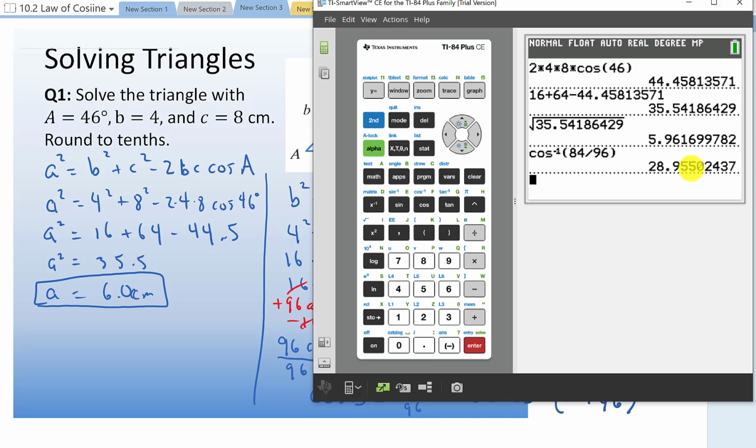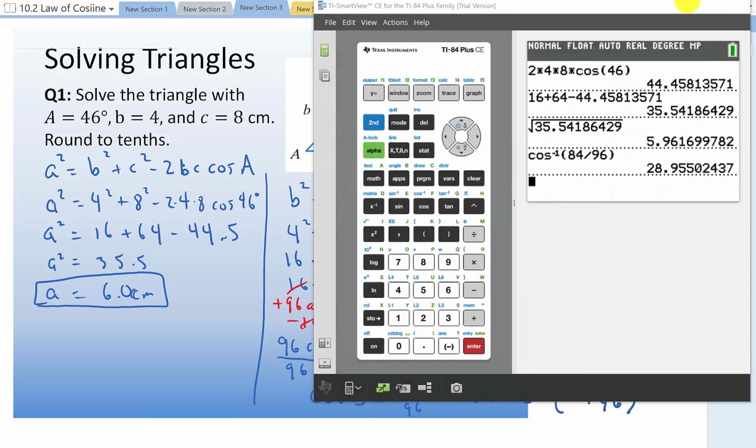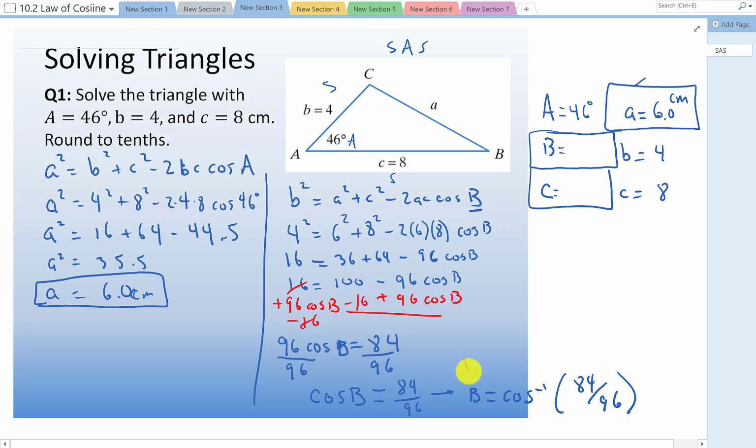And since we're rounding off to the tenths, 9 is in the tenths place, but the 5 after that is going to round that up to 29.0. So we can just call that answer 29 degrees. So B equals 29.0. We found the second part, 29 degrees.